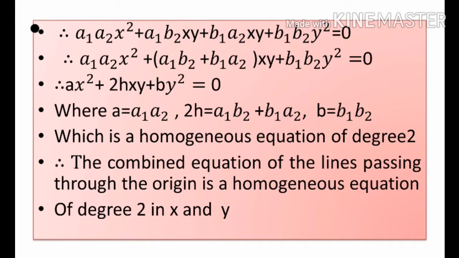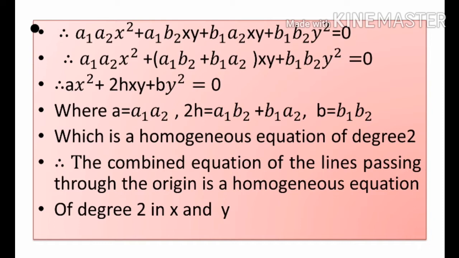Therefore, a1 a2 x square plus, taking xy common from the second and third terms, (a1 b2 plus b1 a2) into xy plus b1 b2 y square equal to 0. Therefore, ax square plus 2hxy plus by square equal to 0, where a equal to a1 a2, 2h equal to a1 b2 plus b1 a2 and b equal to b1 b2.